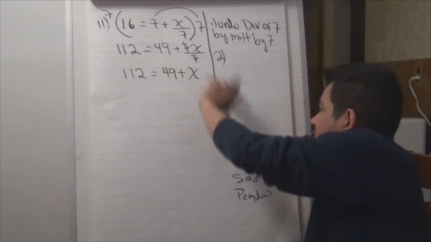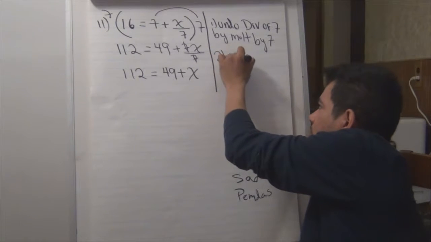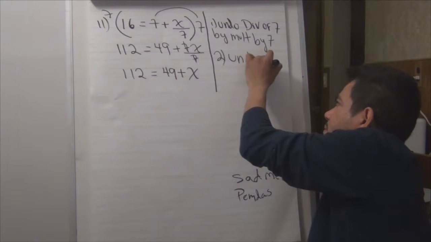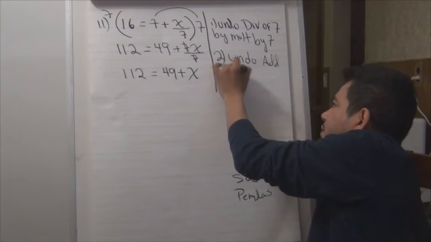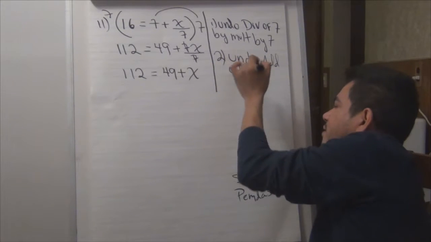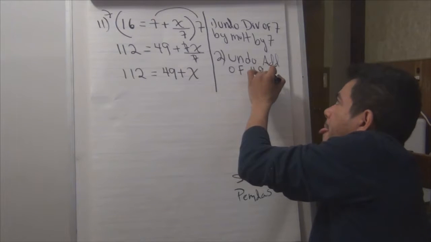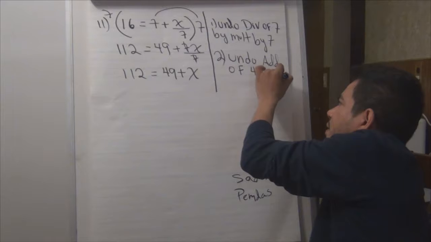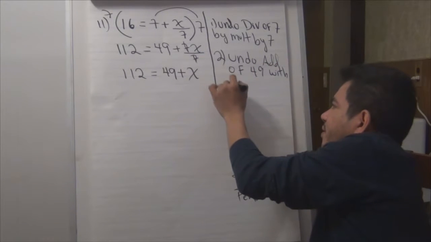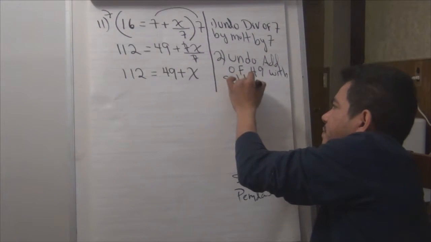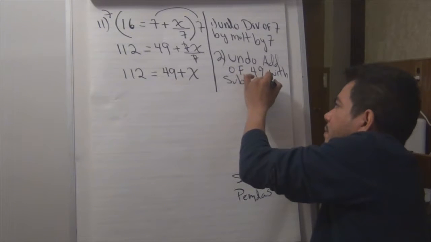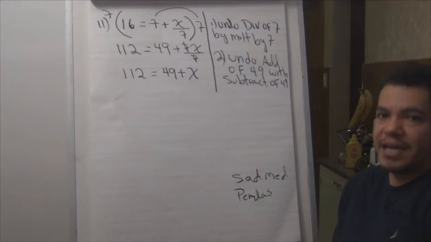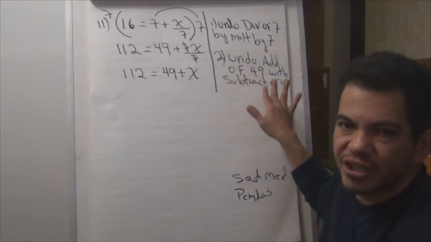So anyways, I am going to undo addition of 49. I'm going to undo it with subtraction of 49. Yeah, I know, I write ugly, but you'll understand.